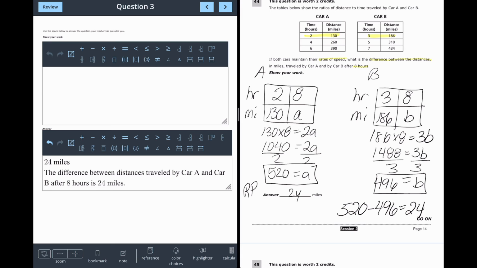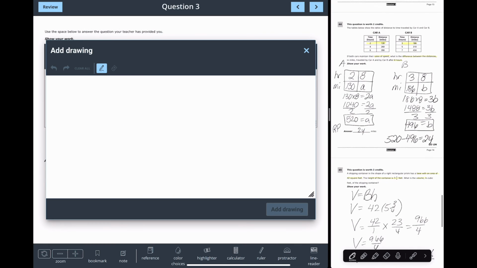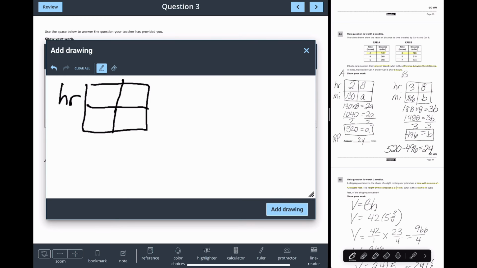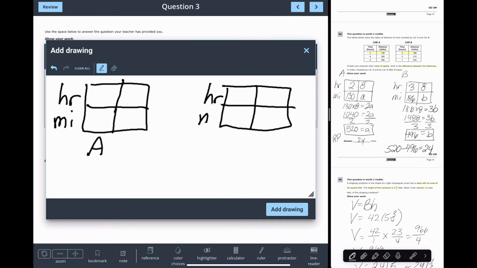Now I have to somehow transfer my work in here. So what I can do in the beginning is I'm going to make my ratio tables. I'm just going to draw these. And I'm going to put hours, miles for A, and hours, miles for B. So 2, 130.